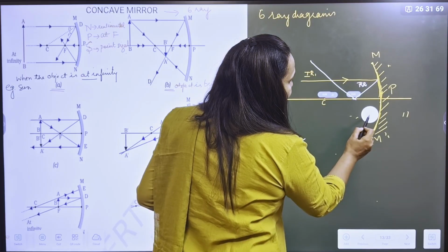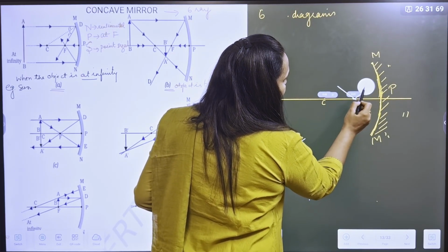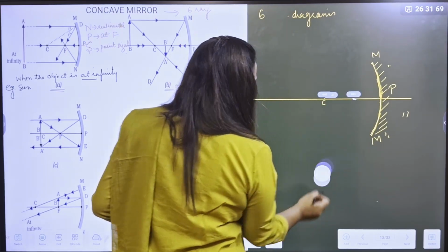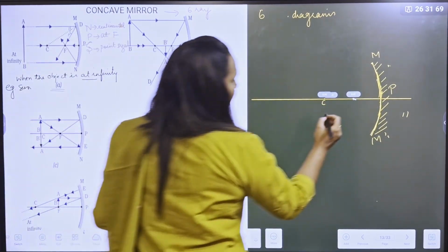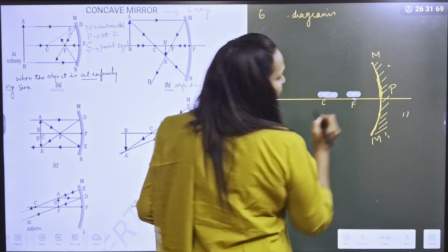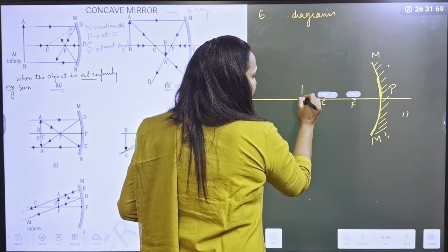I am just erasing my first ray diagram so that I can teach you the second ray diagram properly. This is the focus, right? So where is the object kept? This is C. Here is the object.